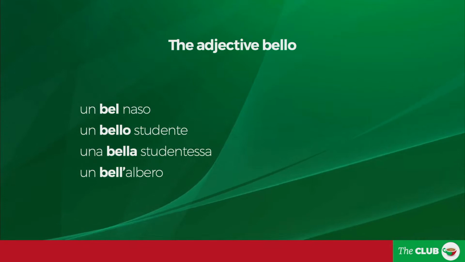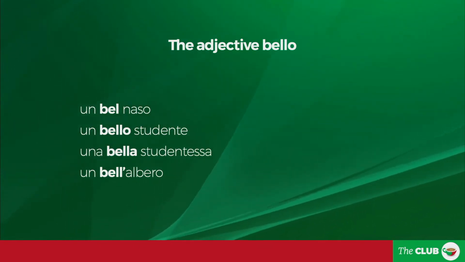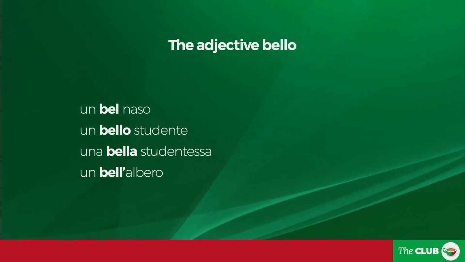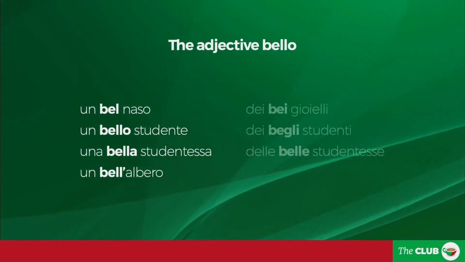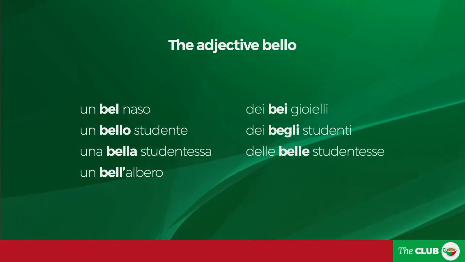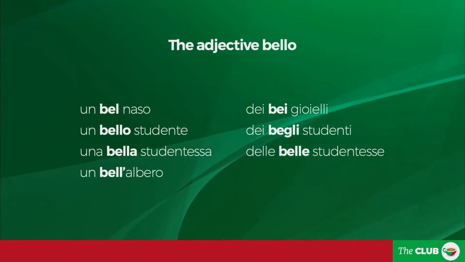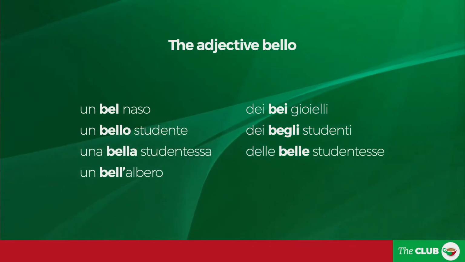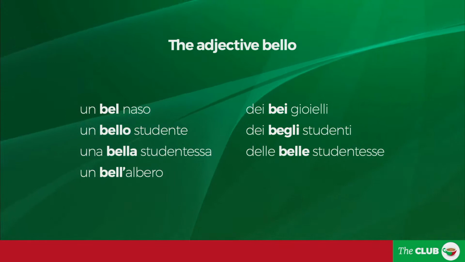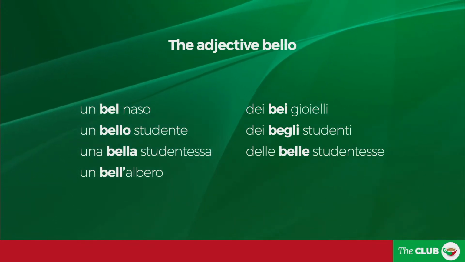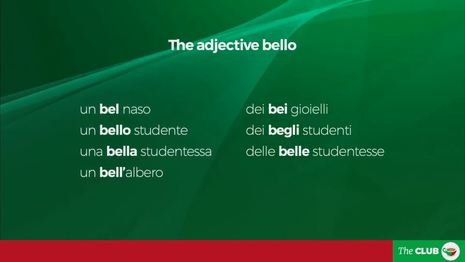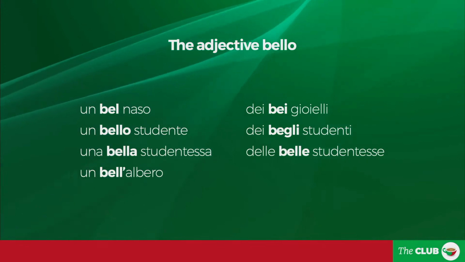The plural forms of bello are bei, begli, and belle. For example, dei bei gioielli, some nice jewels, dei begli studenti, some beautiful students, delle belle studentesse, some beautiful female students.